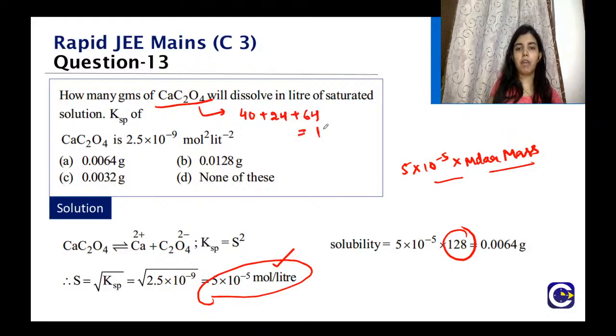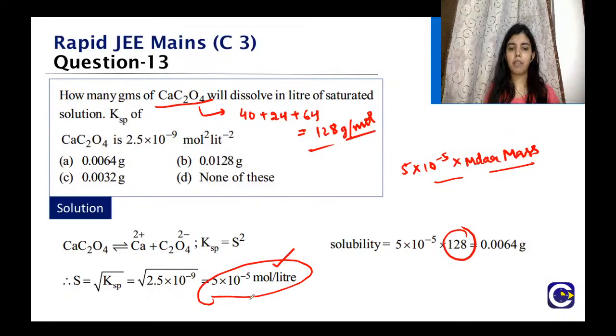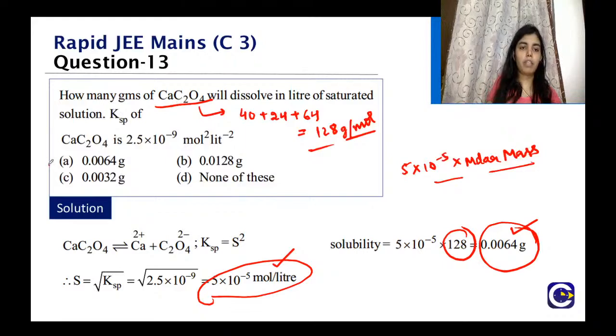So it will be coming out to be 128 gram per mole. So when you multiply this value by 128 gram per mole, you will get 0.0064 grams. That means this much amount of calcium oxalate you need to dissolve in 1 liter of saturated solution. So the answer to question number 13 will come out to be 0.0064 grams.